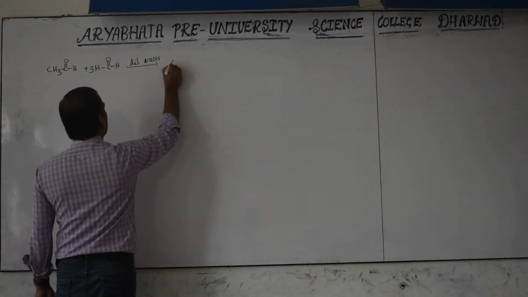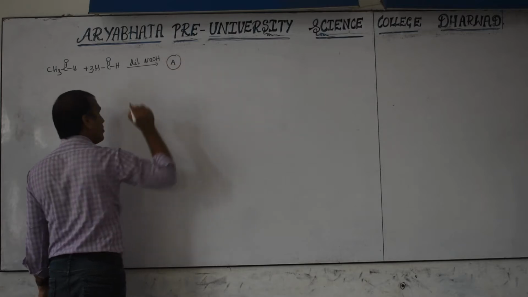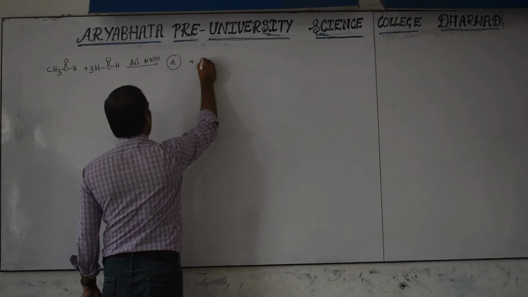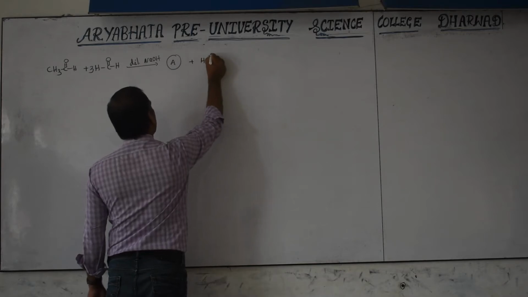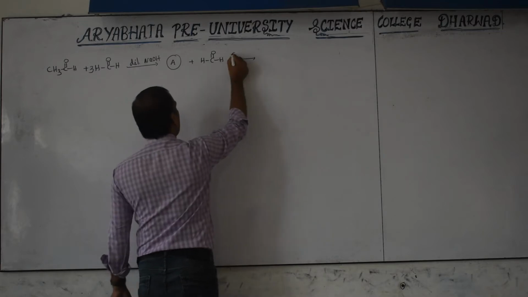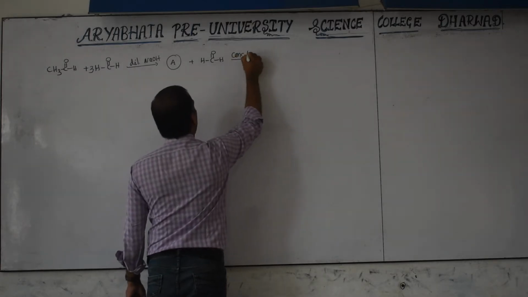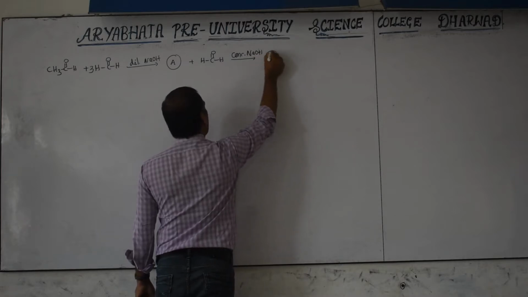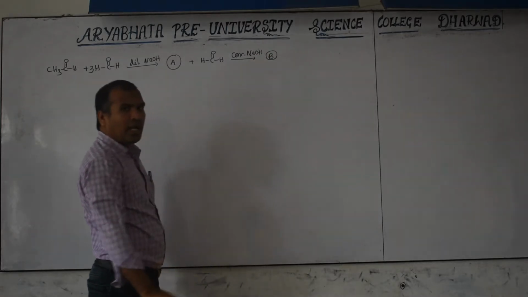Then it gives one compound A. This A compound again reacts with formaldehyde, here with concentrated NaOH. Then it gives the B compound.